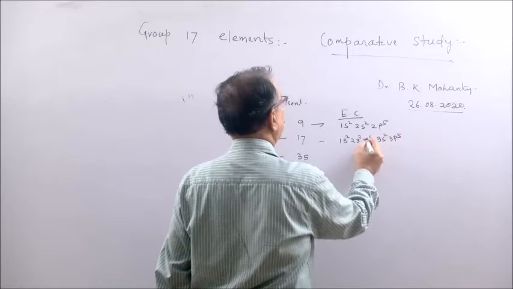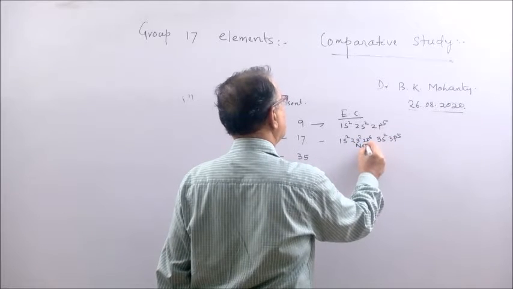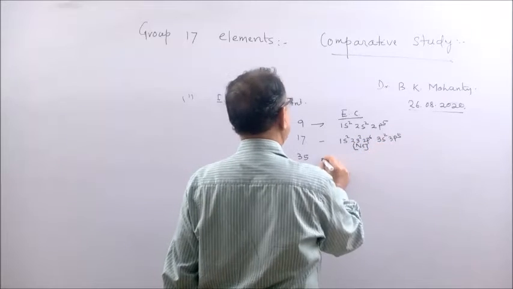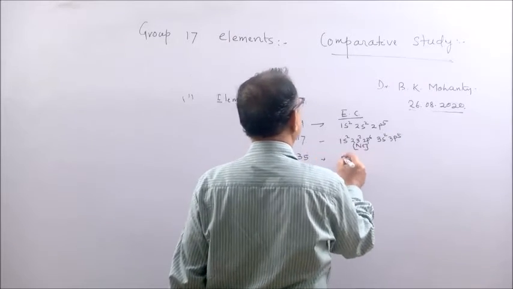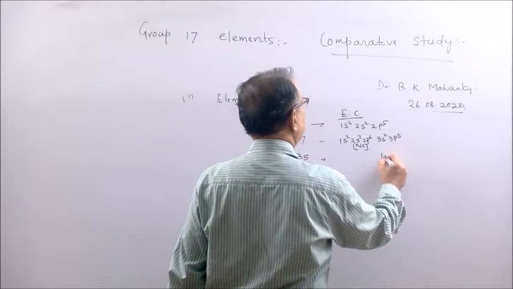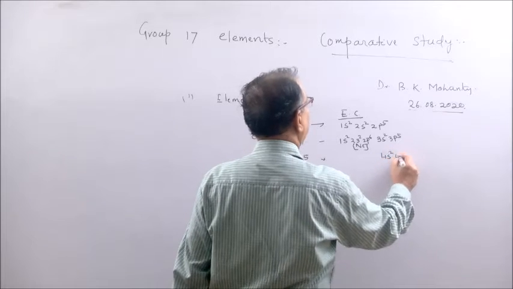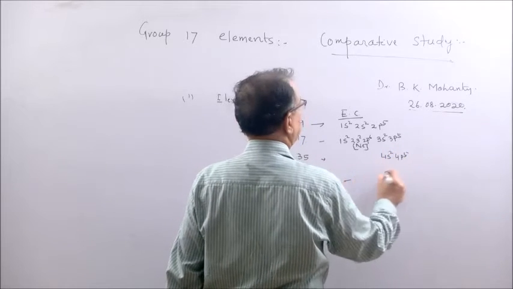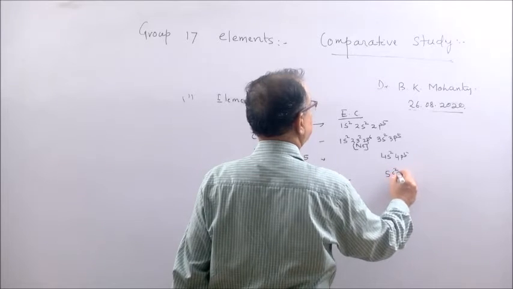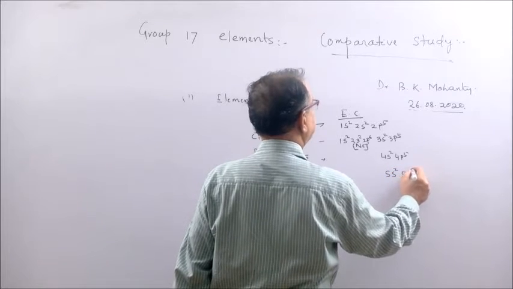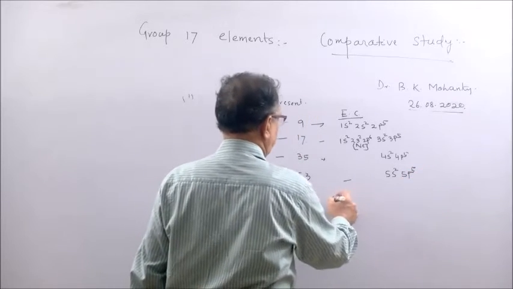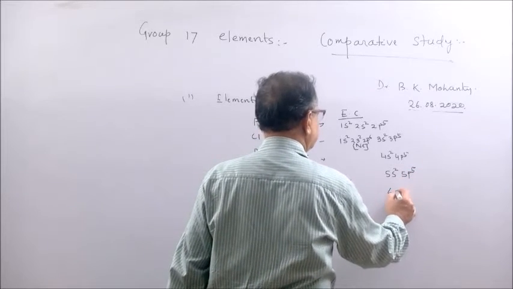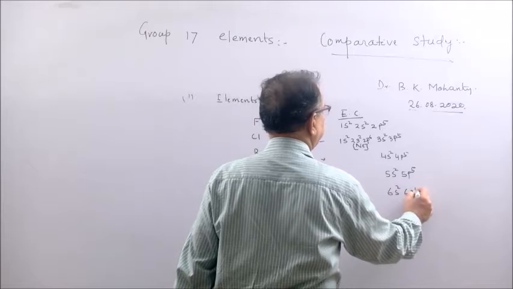You may also write this as neon 3s2, 3p5. Similarly, bromine has 4s2 in the outer level and 4p5, then 5s2 5p5, and 6s2 6p5.